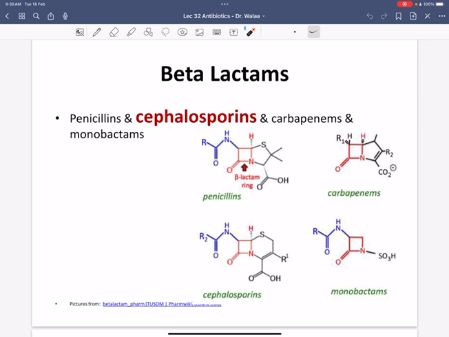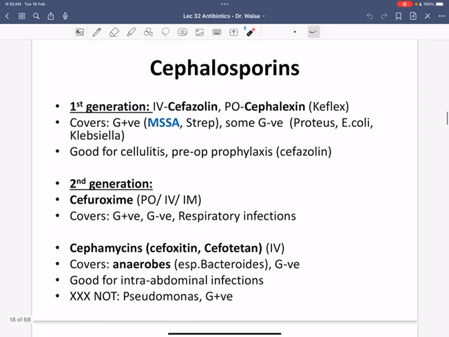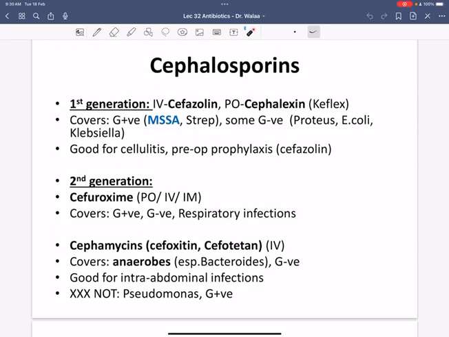Second generation is one of the very widely used cephalosporins because it comes in 3 formulations, IV, oral, and IM, which gives the clinician flexibility to use it for inpatient as well as outpatient treatment. They have somewhat broad coverage against gram-positive and gram-negative, and they are also an excellent choice for respiratory infections.